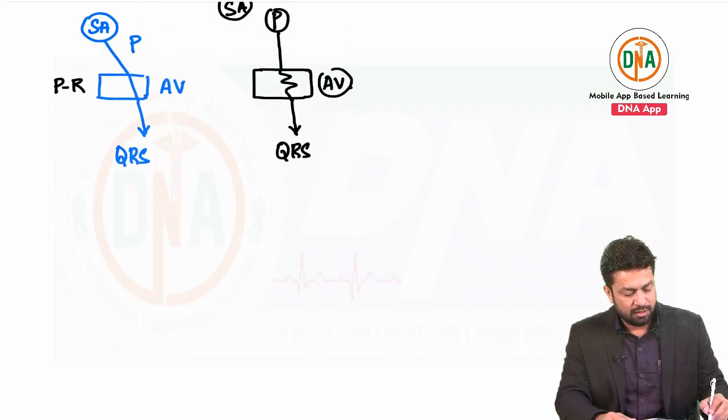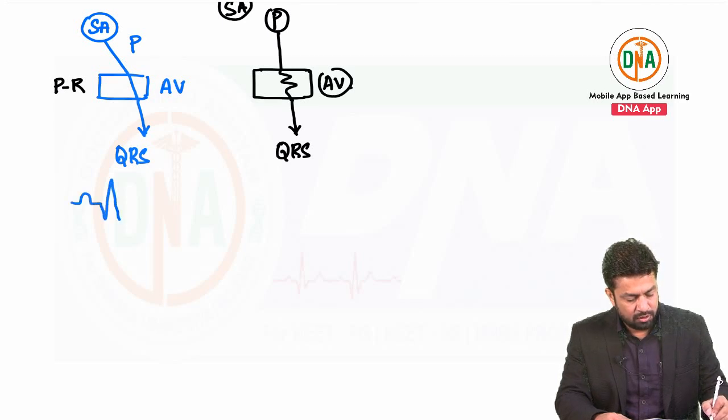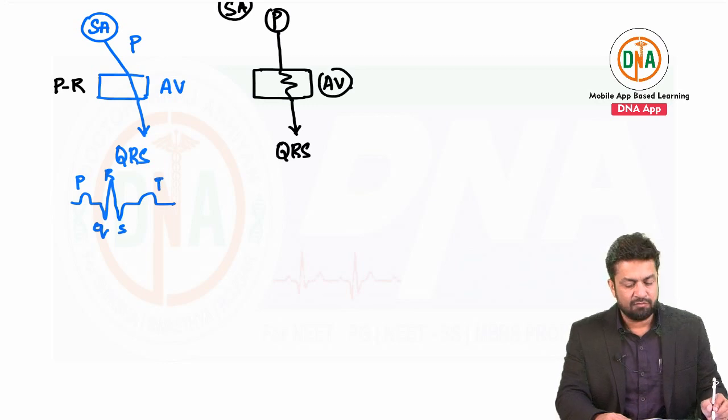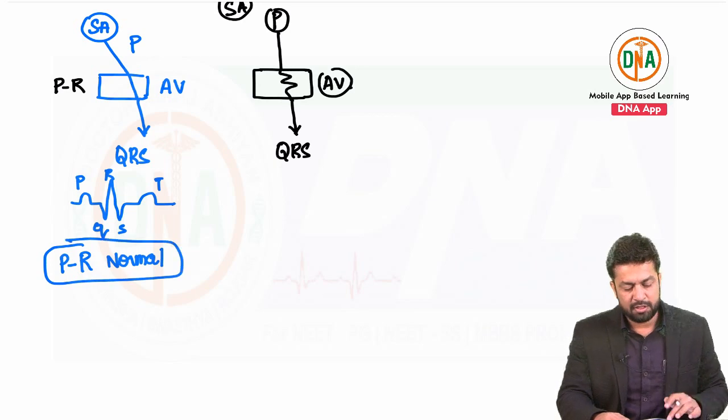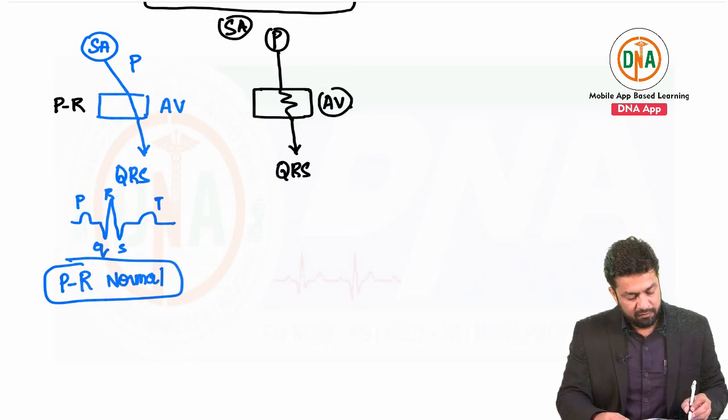So what we need to understand, guys, is that in the first case the ECG will look like this. You have the P wave, you have the normal PR interval, and you have the QRS complex, and the T wave. Here the PR interval is normal, and in heart blocks the major problem is occurring at the AV node.